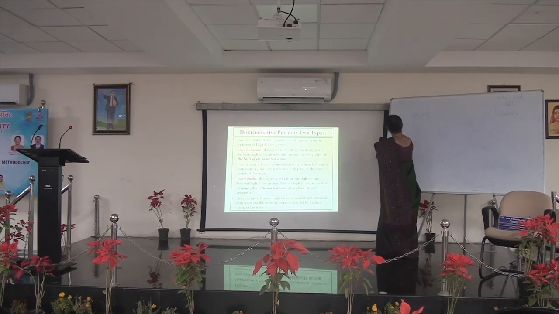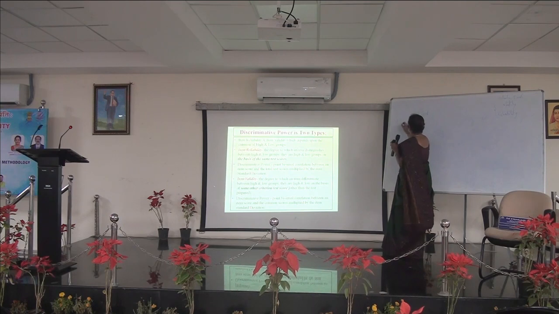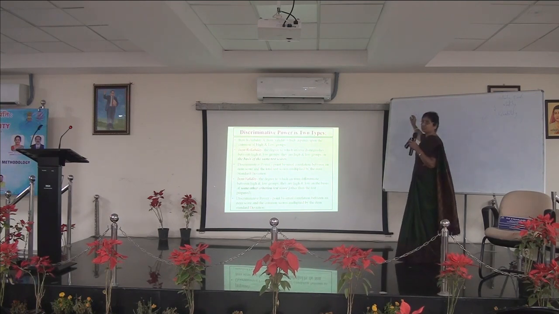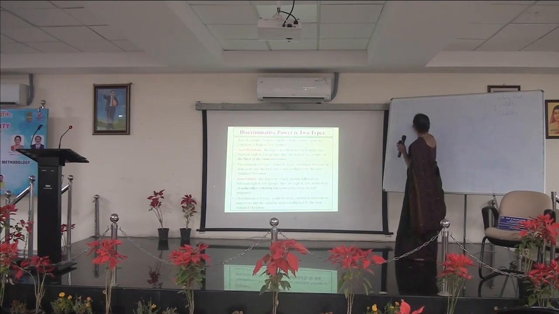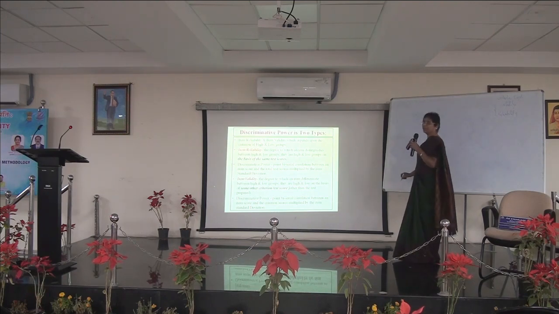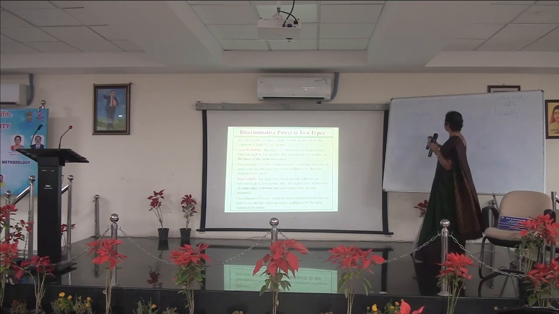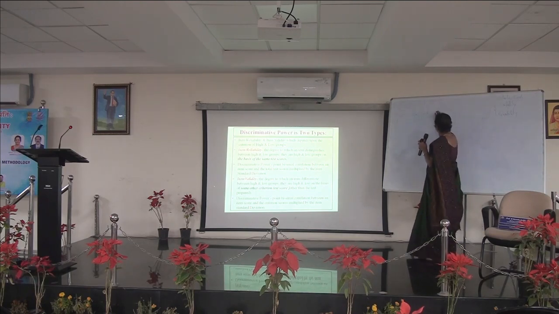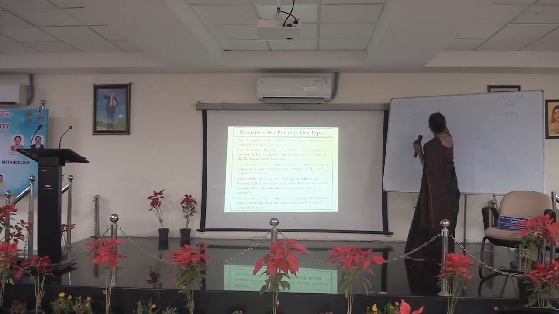Sample 1 to 50, what is the total score on the test for this student? For example, he got 38, another got 58, 50, and another got 69. Like that you take the score, and you have to find this out.